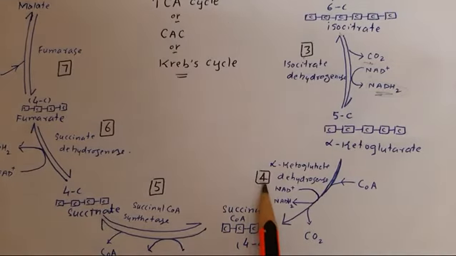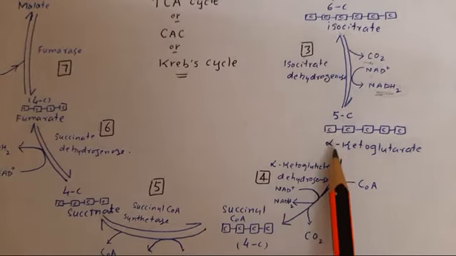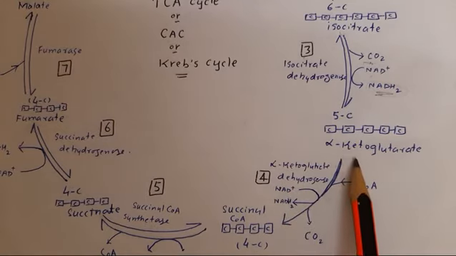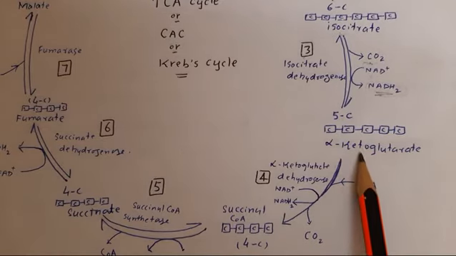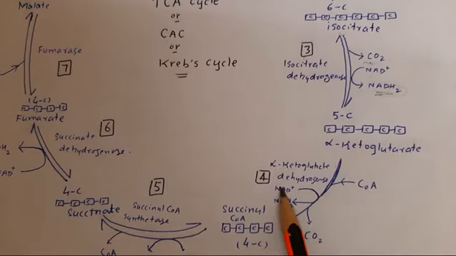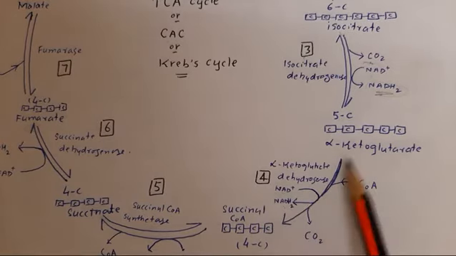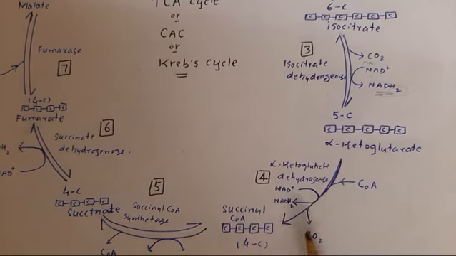Now coming to the fourth step, this alpha-ketoglutarate, a 5-carbon molecule, is oxidatively decarboxylated. Oxidatively means alpha-ketoglutarate is oxidized, that is, hydrogens are removed and taken up by the oxidized NAD, which gets reduced into NADH2, while decarboxylation means another carbon dioxide is removed.